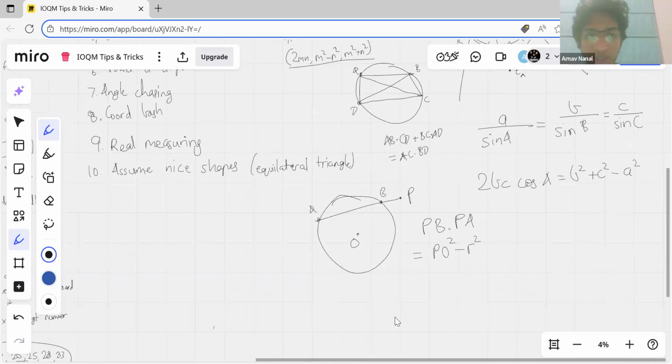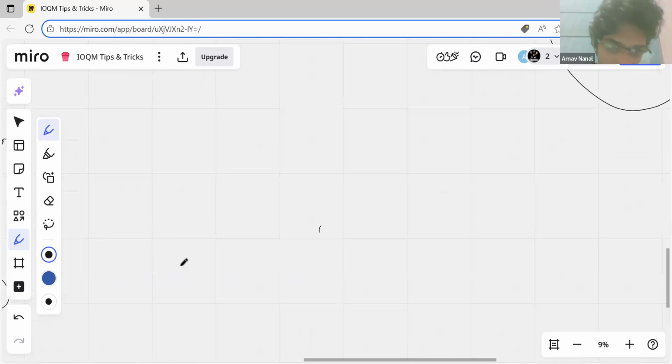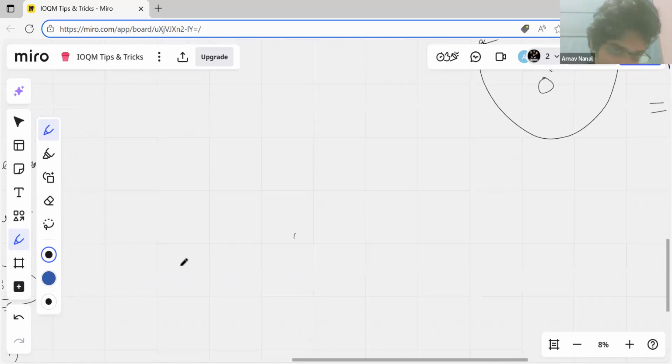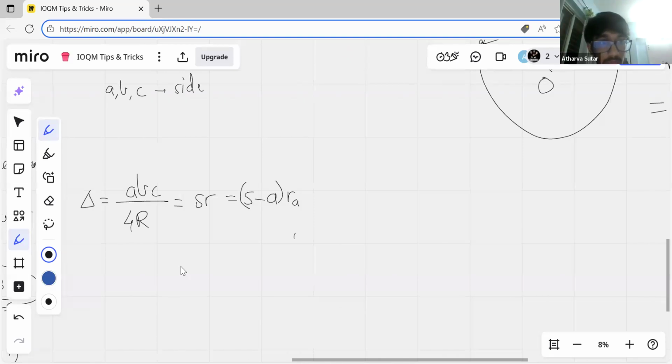And the area formula. There are 8 or 9 formulas for area you should just remember. One is ABC by 4R. Then you have S into R, then sqrt of S into S minus A into S minus B into S minus C. Should I write the notations first? Yeah, A, B, C are the side lengths.